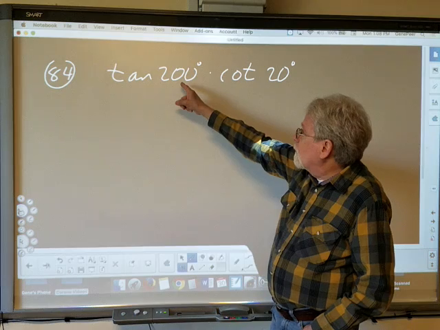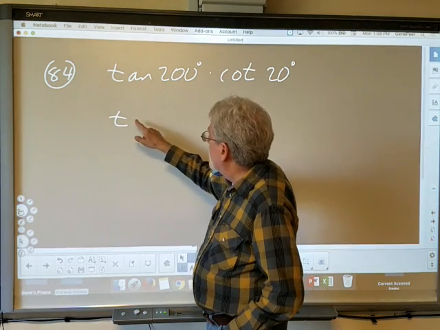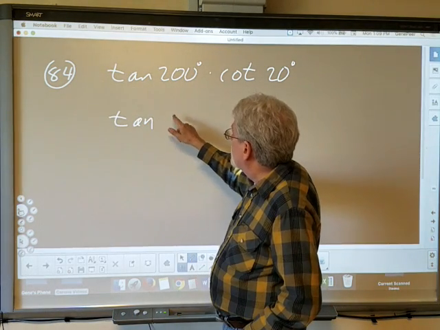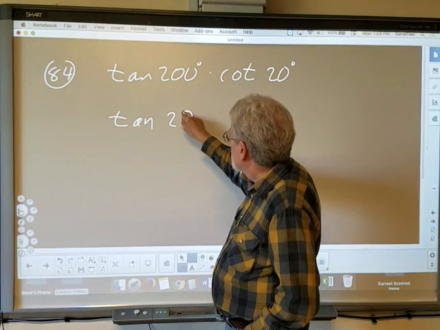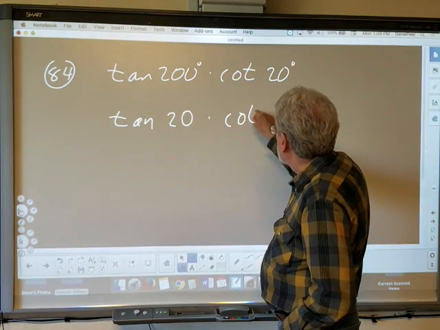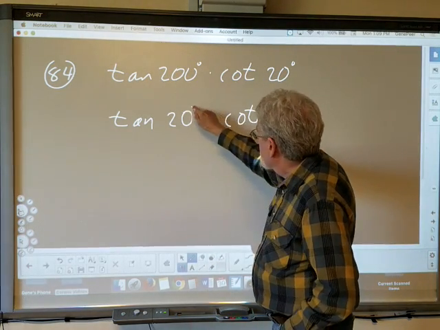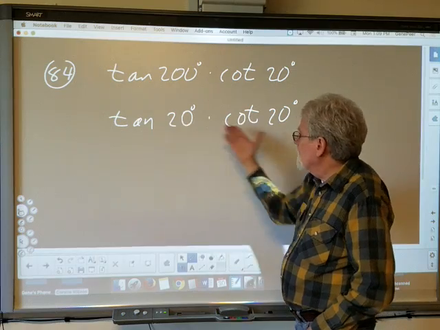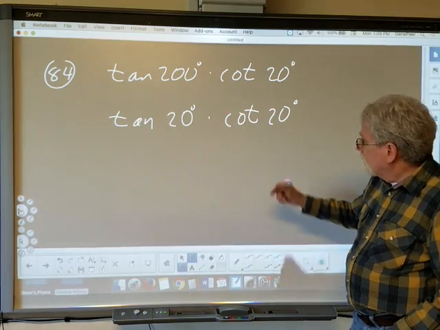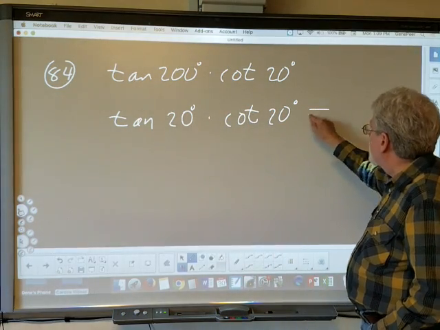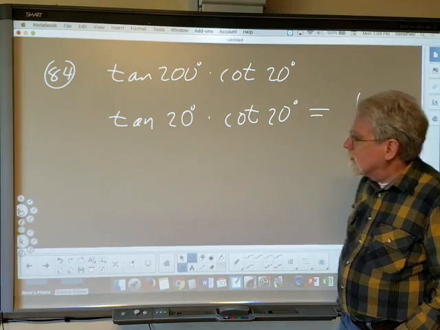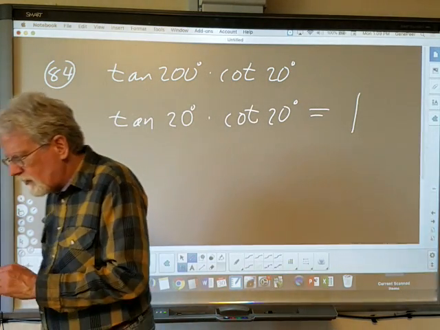So if I subtract out 180, I find that tangent of 200 is the same thing as tangent of 20, times the cotangent of 20. And again, hey, these are reciprocals. Yes, they are. Therefore, when you multiply reciprocals, you're once again going to get an answer of 1. 84 is again 1.